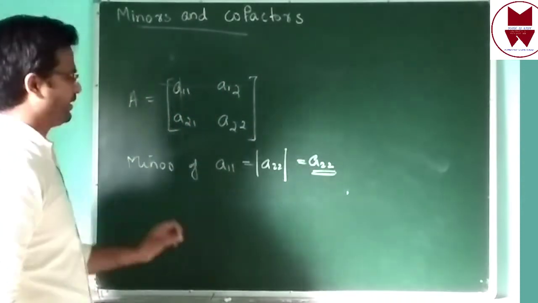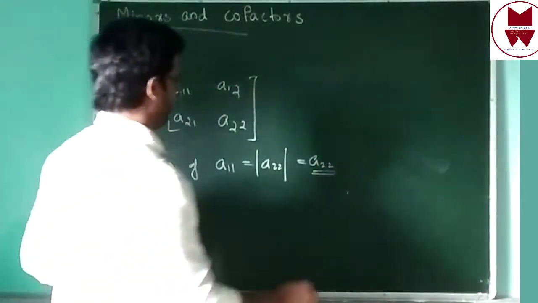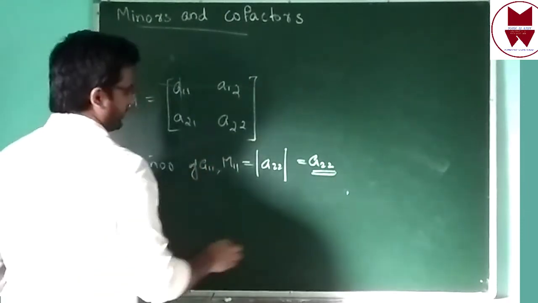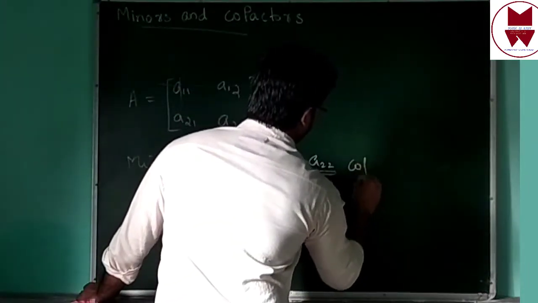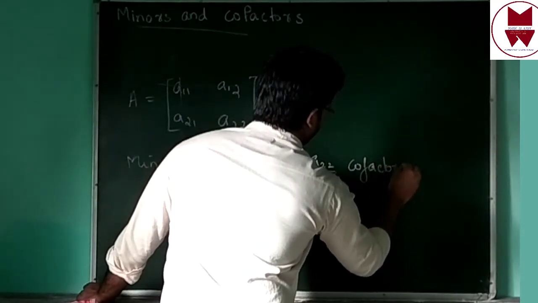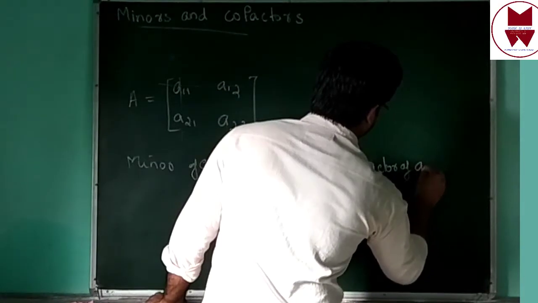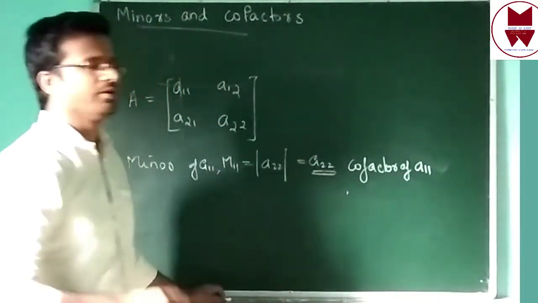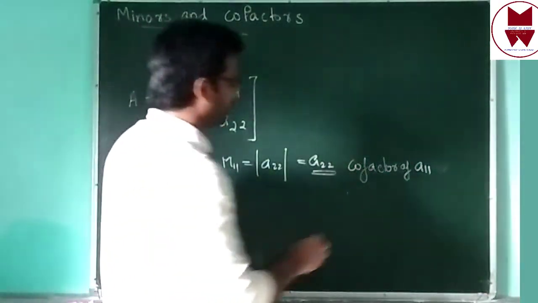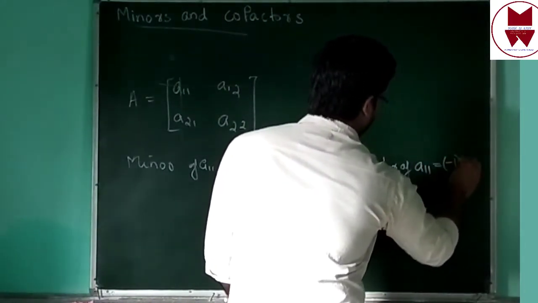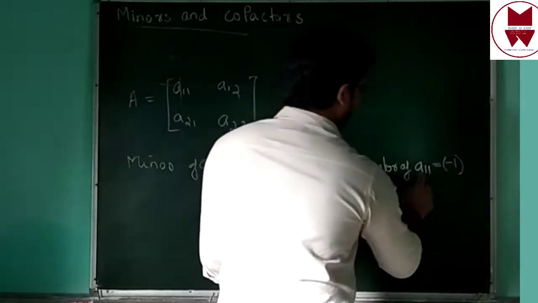Then from here we can find the cofactor. The minor is M11, so we write the cofactor of a11. How can we find the cofactor of a11? Very easy. Minus 1 all raised to 1 plus 1.